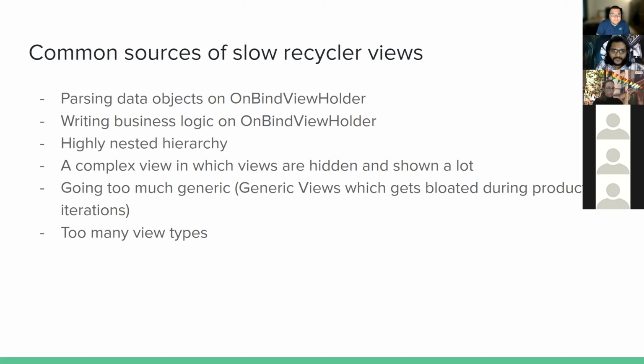I've seen a lot of scenarios where the views are very generic, and developers show and hide views based on business logic. This can be avoided as much as possible. Rather, we can have a lot of different view types, and that would be good as well.